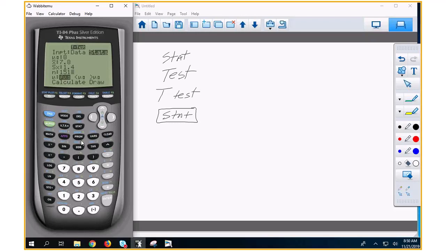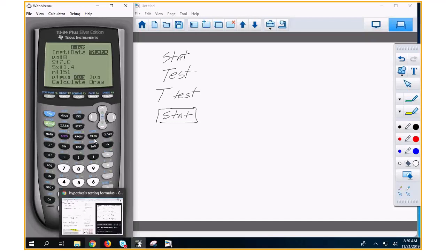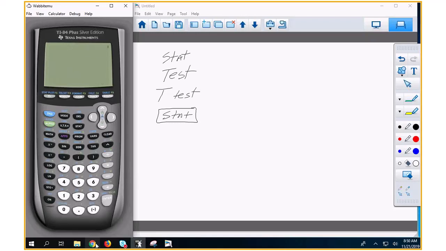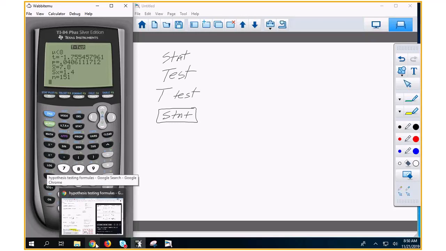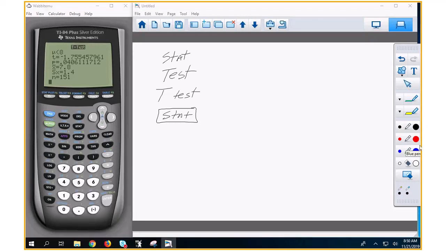And what do we want? We want less than, right? And enter. And go down and calculate. There we go. So now we write down all this.